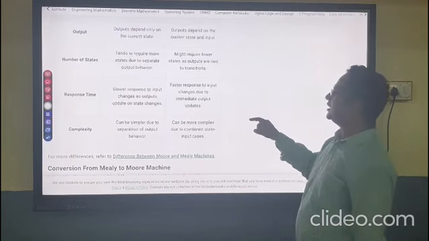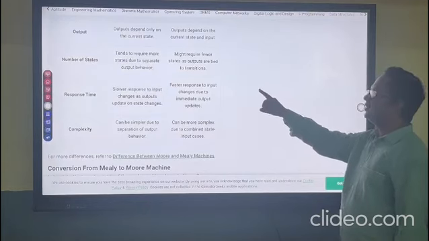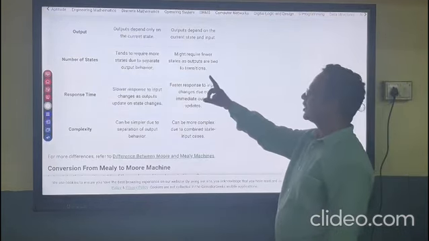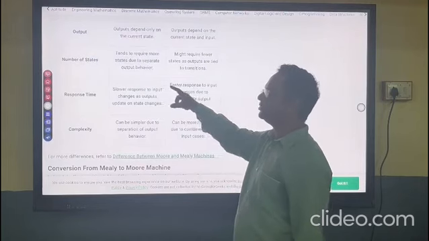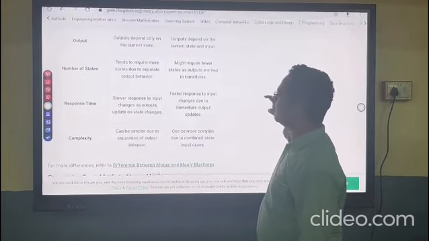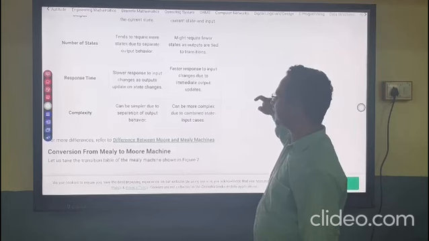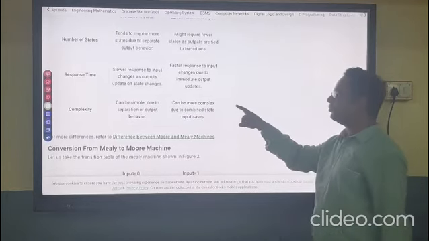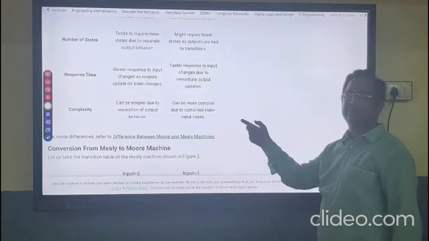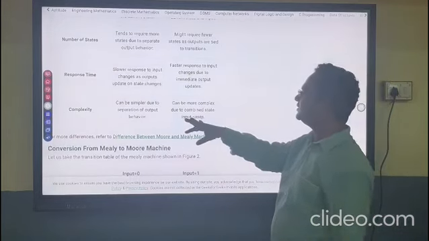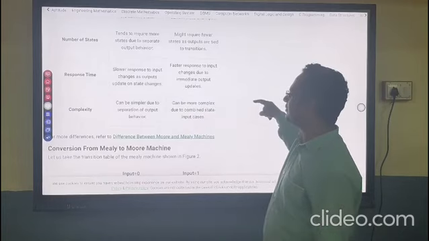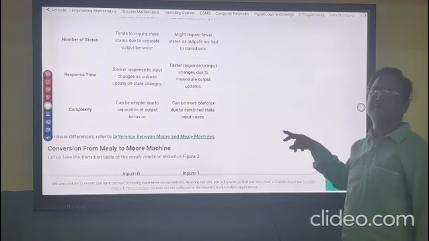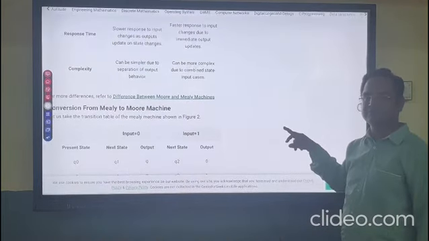Response time: the Mealy machine is faster than the Moore machine, and the Moore machine is slower than the Mealy machine. Complexity: the Mealy machine can be more complex due to the combined state and input cases, and the Moore machine can be simpler due to the separation of input behavior. Thank you.